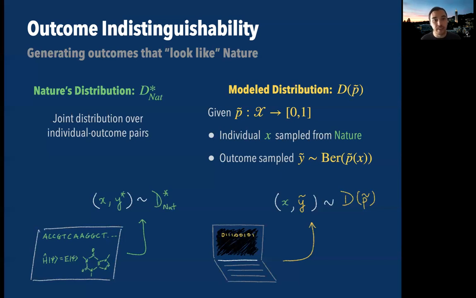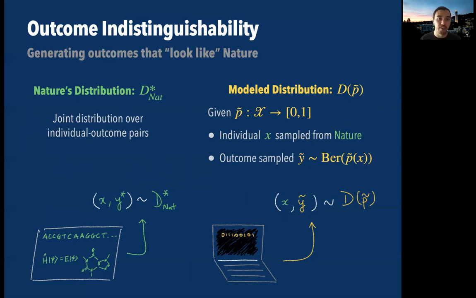Any predictor induces a generative model for outcomes. Specifically, given an individual that we sample from nature, we then resample their outcome according to the Bernoulli distribution with parameter given by their prediction, p tilde of x.